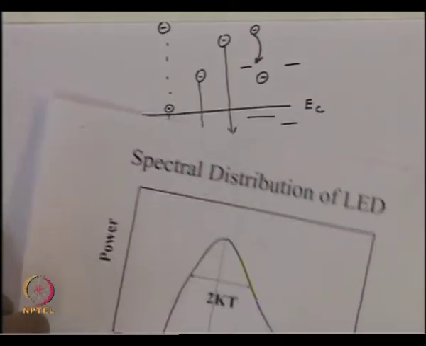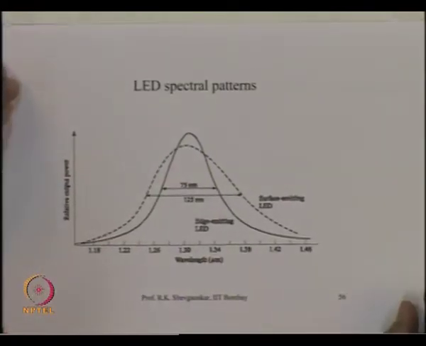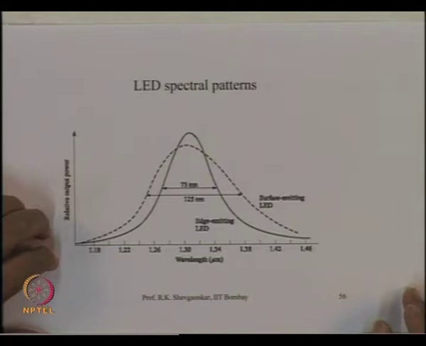As a result, we get the spectrum which looks like a more symmetric spectrum, and this is what is shown here. So, in practice, if you look at an LED, it does not have an asymmetric spectral distribution which we have got theoretically, but it has a much more symmetric distribution in terms of frequency or wavelength.